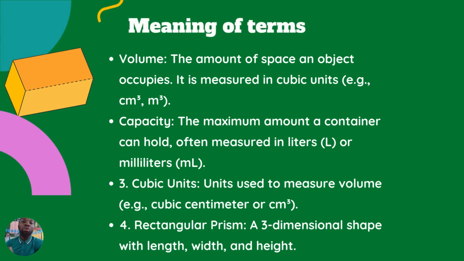the term volume. So what is volume? Volume is just the amount of space an object occupies. So if you put an object in a particular measuring container, the actual amount of space that object occupied should be the volume.